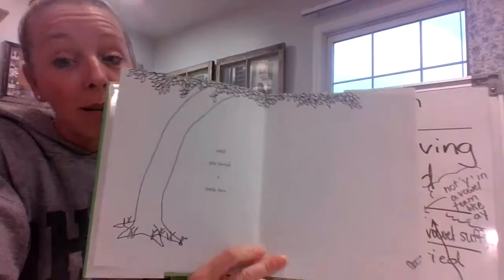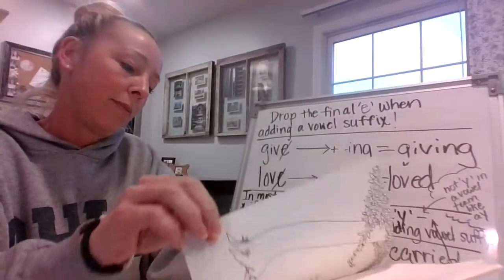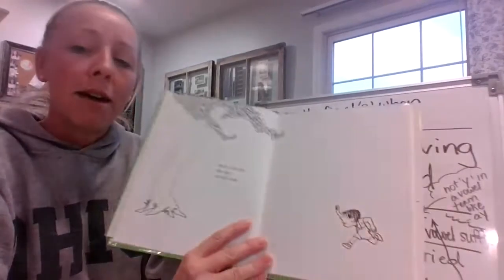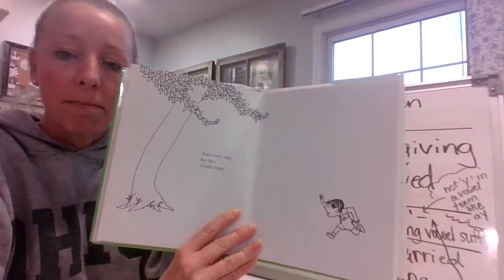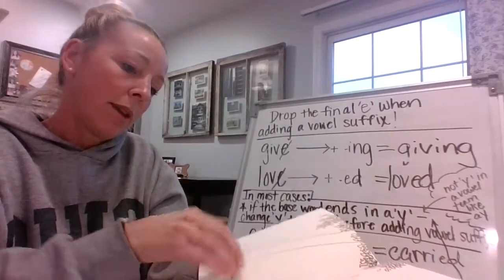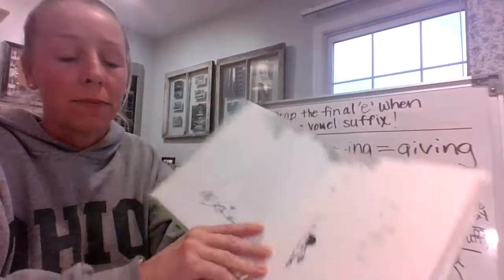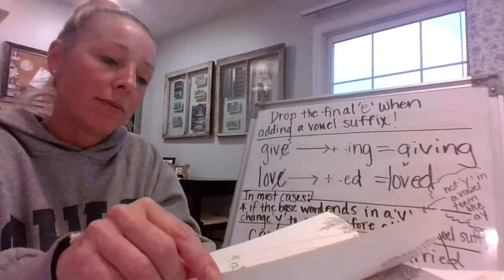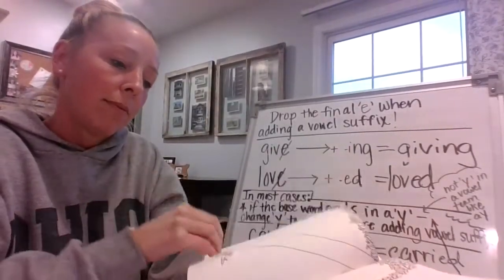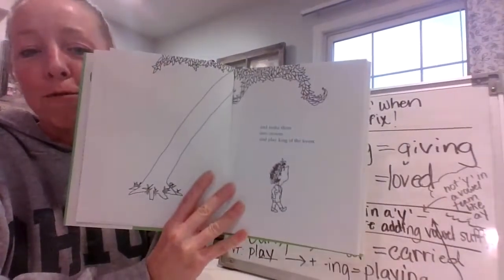And she loved a little boy. And every day the boy would come and he would gather her leaves and make them into crowns and play king of the forest.